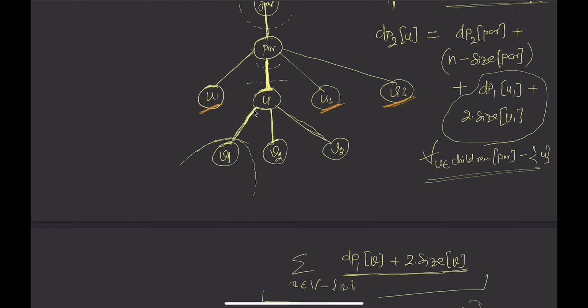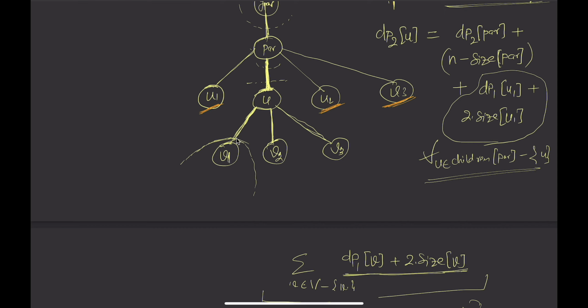So right now I'm calculating for u. That means dp2 of parent is already known. So I can directly say n minus size of my parent. So what will be the dp2 value of v1 when my DFS call goes there?